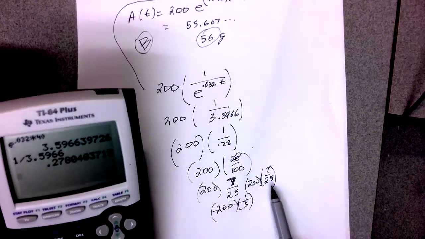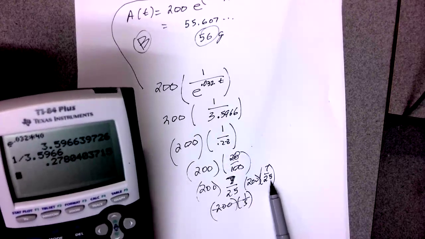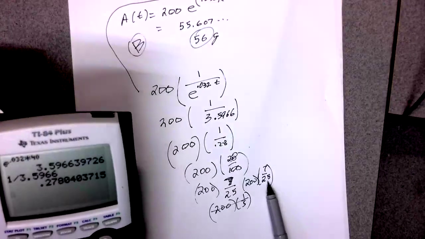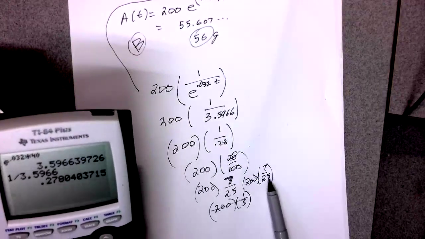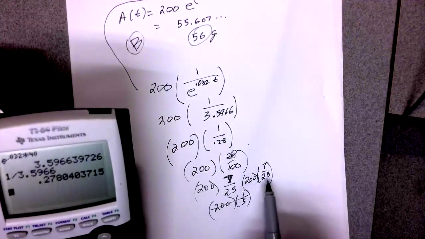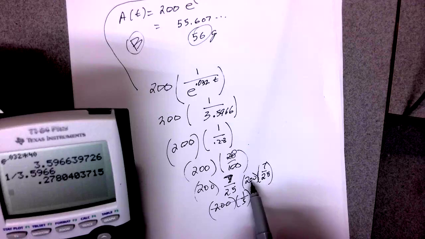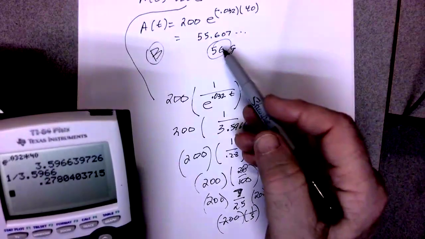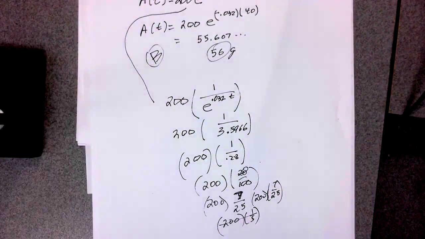We're going to lose a little bit when we do this rounding, but not too much. If I multiply this out, what am I going to get? Well, 25 will go into 200 how many times? 8 times. Yep. And 8 times 7 is 56. And I'll be darned, that's what the rounded answer was up here: 56.